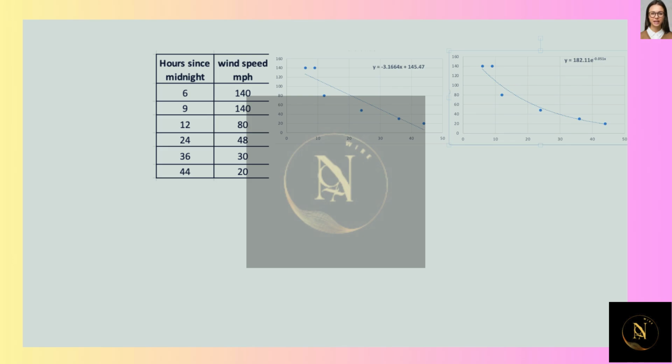So to figure this out, what I would do is, let's take a look at the first one, the linear model. And so I have y equals negative 3.1664 times 20 plus 145.447.